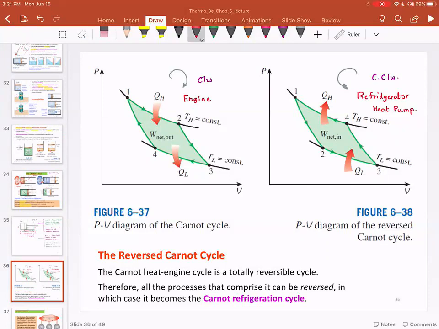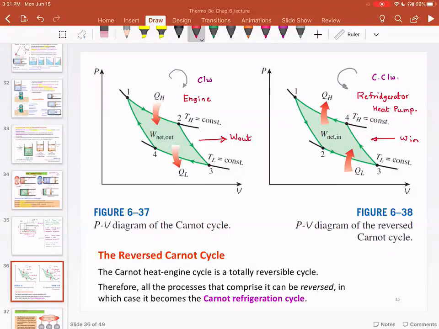What this means is when this cycle is performed, you are going to get work out, and when this cycle is performed, you would be doing work. So work will be coming out, and in the other case, the work will be done on the system.